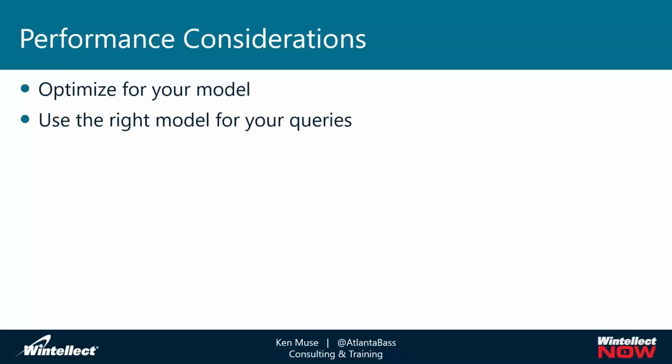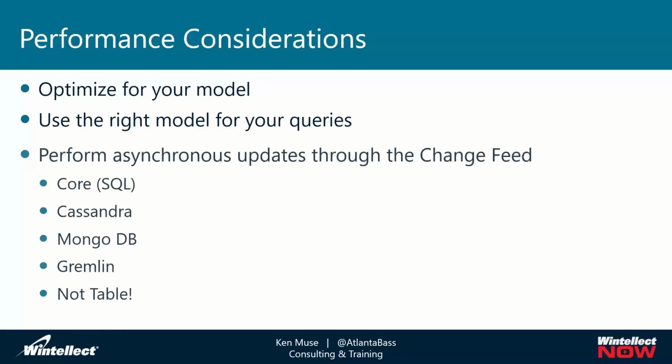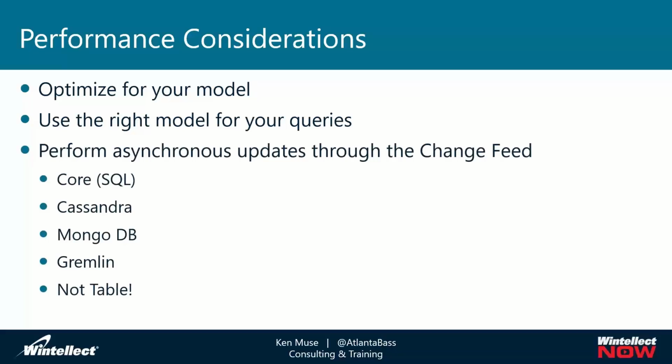The best way to deal with this is going to be to use something called the change feed, which is available at this point to most of the APIs. The change feed essentially allows you to have a reactive programming model that works against changes to a given container.